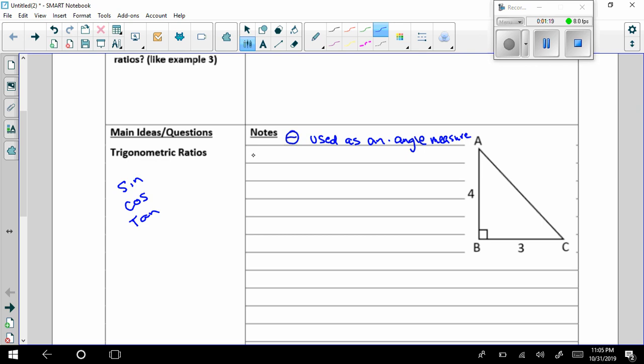The first trig function is the sine function. So the sine of theta, let me not abbreviate that, sine of theta is equal to its opposite side over the hypotenuse. Okay, so if we look at this right triangle over here, it's fairly clear what the hypotenuse is.